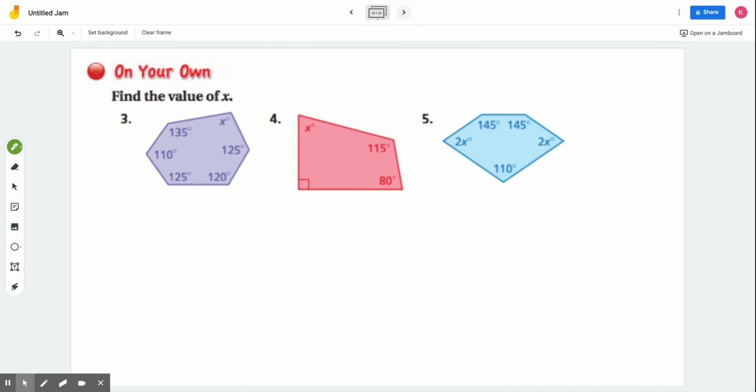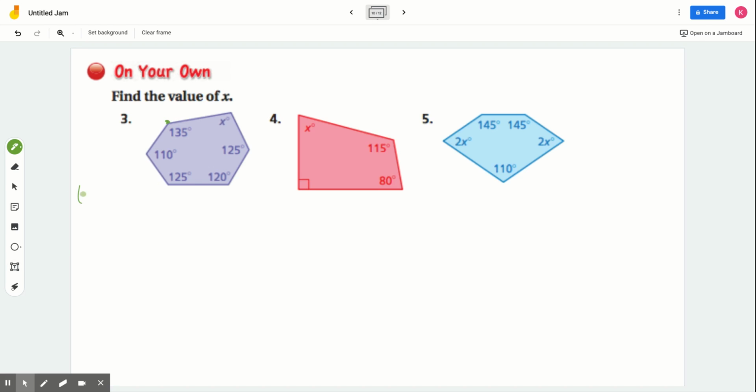So now we are going to use this rule and apply it to help us solve problems. So we can see here that we are given some angles, but we're missing an angle. The first thing we need to do is find out how many degrees are going to make this polygon. So we need to count the sides. 1, 2, 3, 4, 5, 6.